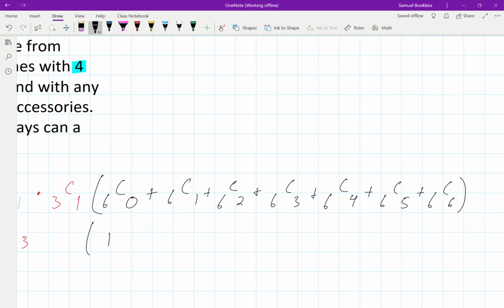Right under 1. 6C1, we already figured this out earlier. Anything C1 will be that original number, so there's 6 options there. The next one, 6C2 is going to be 15. Remember, you can always go up. Oh, not on this calculator, you can't.